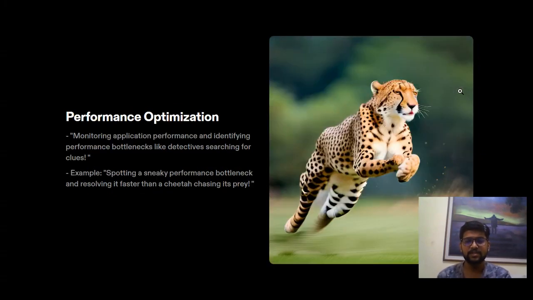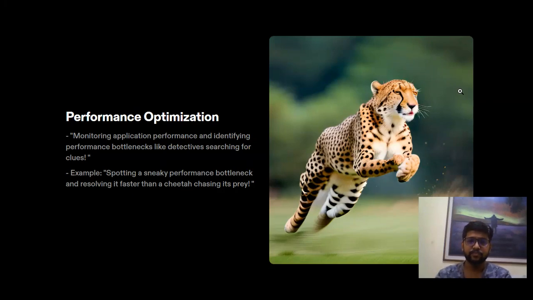Then performance optimization. Monitoring application performance and identifying performance bottlenecks, like a detective searching for clues. That is one of the application support engineer's duties. Sometimes due to memory or other reasons or a server down, the application performance goes down, so you need to monitor that as an application support engineer.